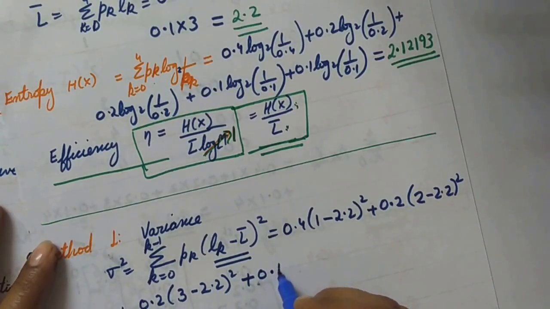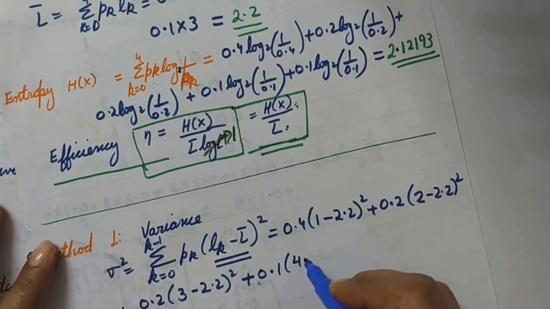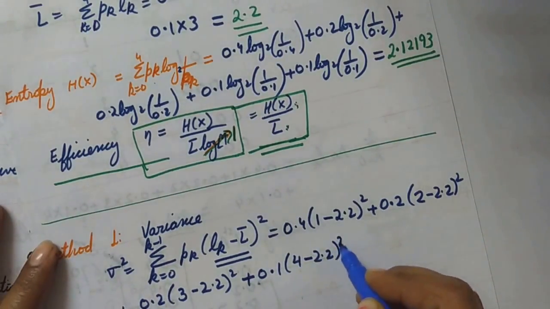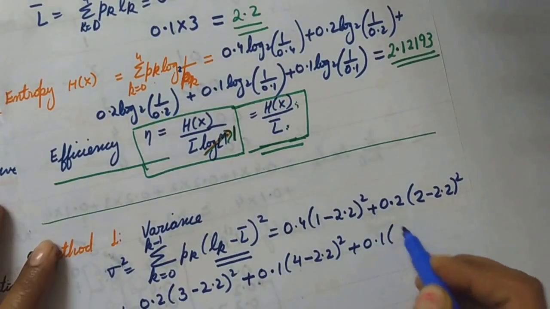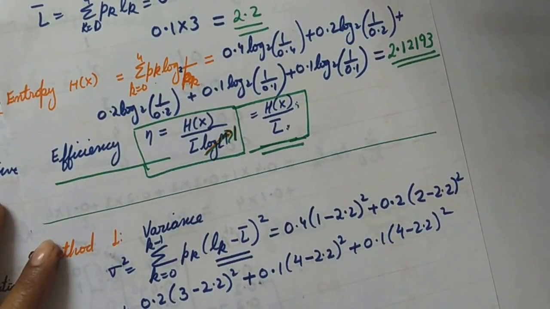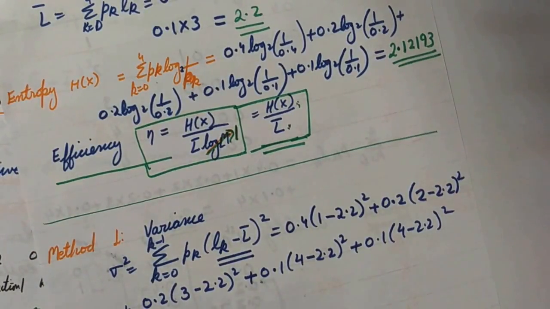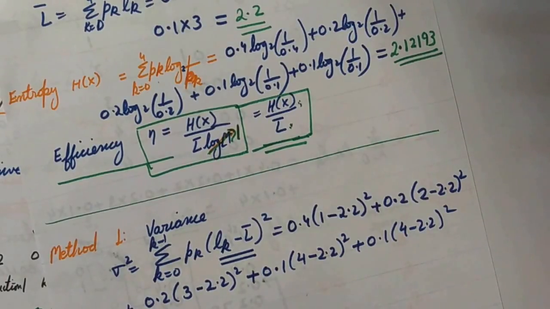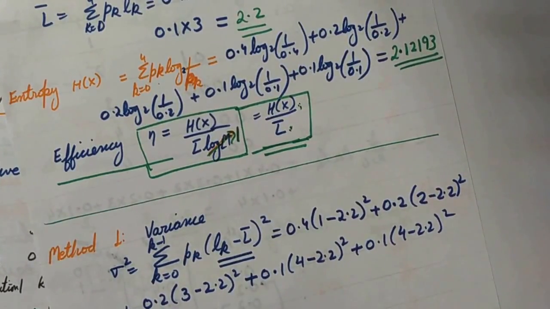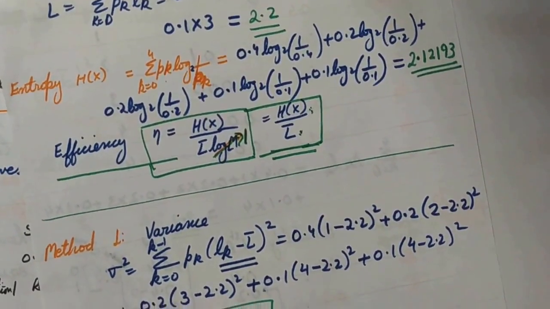And 0.1 probability, and the length was 4 minus 2.2, that is the average code length. 0.1, again 4 minus 2.2 whole square. If we calculate this on the calculator, we get the variance in method number 1 as 1.36.